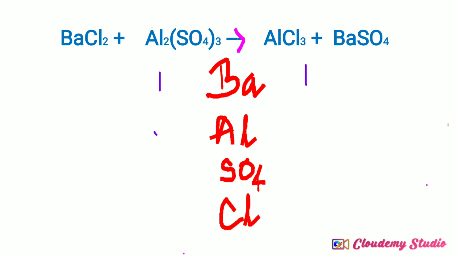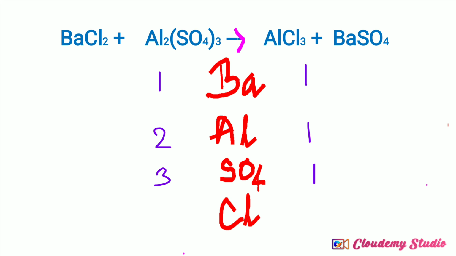Aluminium at the left hand side, two atoms, but at the right hand side only one atom. Sulphate at the left hand side, three atoms, because after the sulphate outside the bracket the subscript 3 is mentioned. Sulphate at the right hand side only one time.